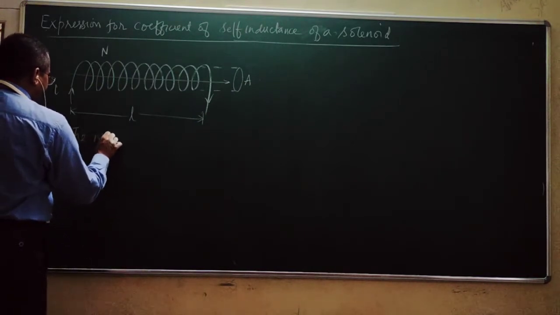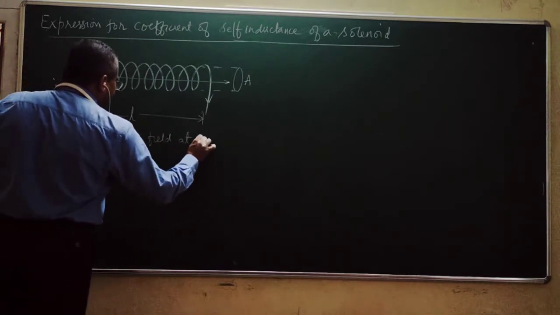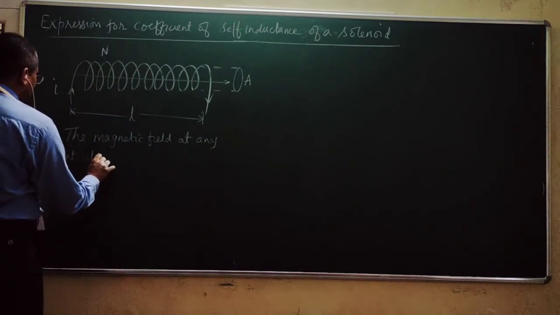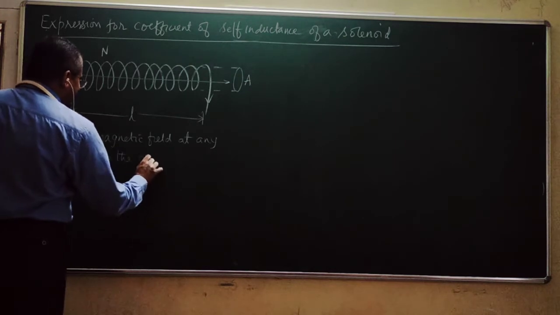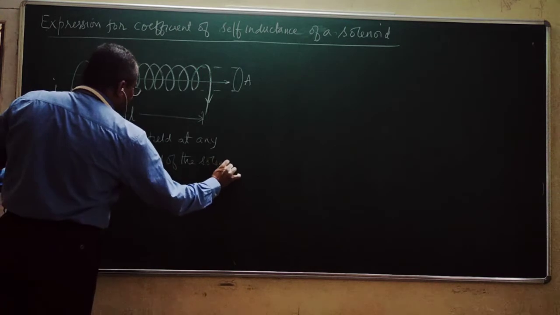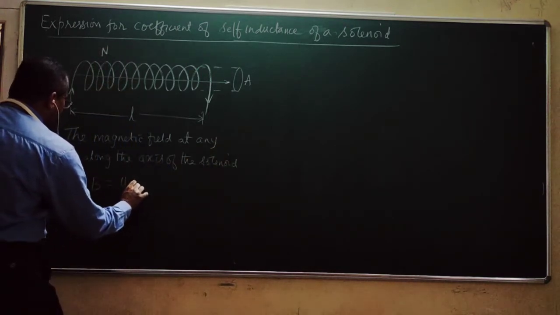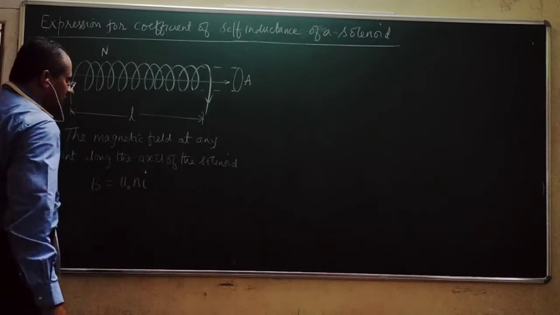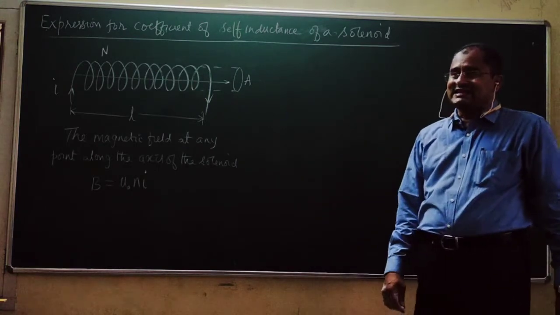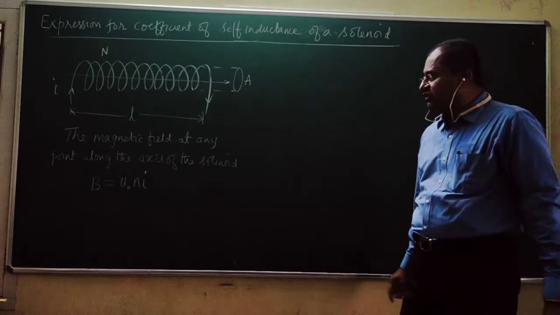The magnetic field at any point along the axis of the solenoid can be written as B is equal to mu naught n I. Mu naught is the permeability of free space, n is the number of turns per unit length, and I is the current flowing through the solenoid.